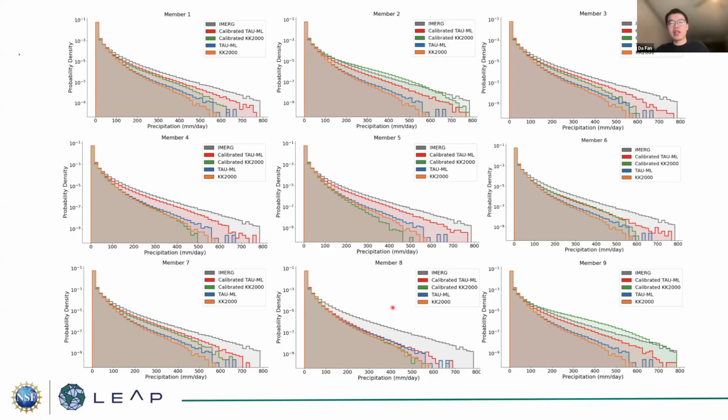In contrast, the calibrated tau ml shows consistent improvement across its members. You can see in most members, this right histogram has a better agreement with observations than the other 3 ensembles.